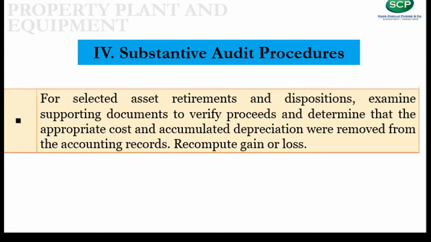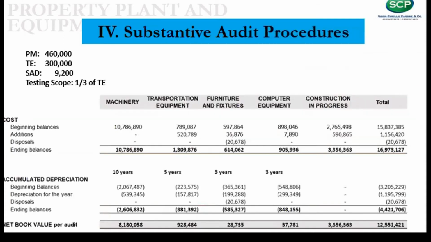We should also recompute the gain or loss if they are material. In this case, the disposed asset, which had a zero net book value, had a cost of 20,678 pesos only.